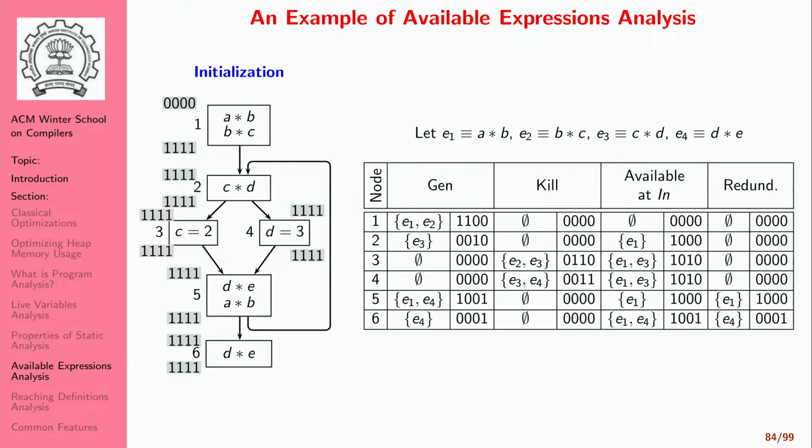So what will be the change in the first iteration? Where will be the change in the first iteration?